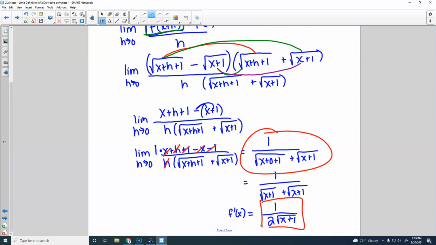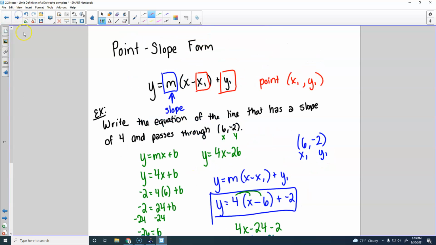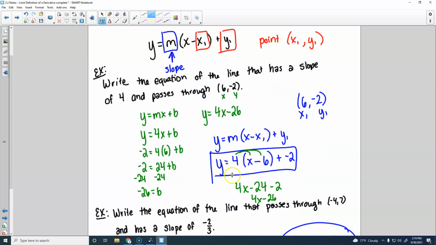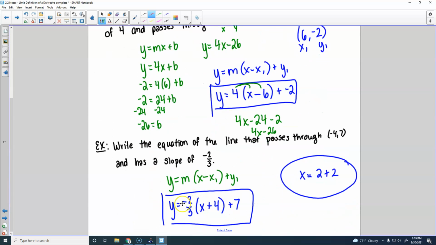A good rule is to try to get your answer to match whatever's in the back of the book if it's an odd problem, because sometimes it is important that you simplify. But on the AP exam free response, if you leave the answer like this, it's fine.